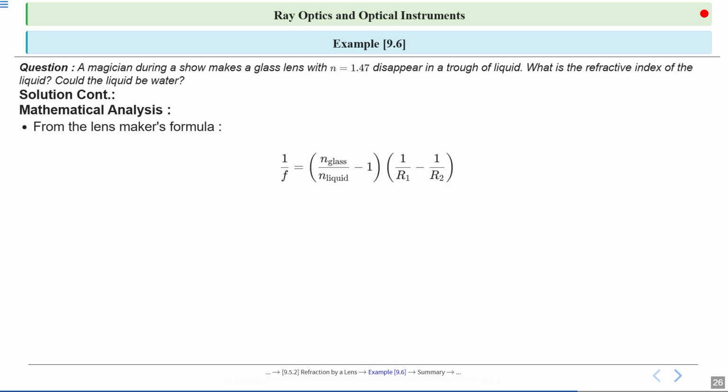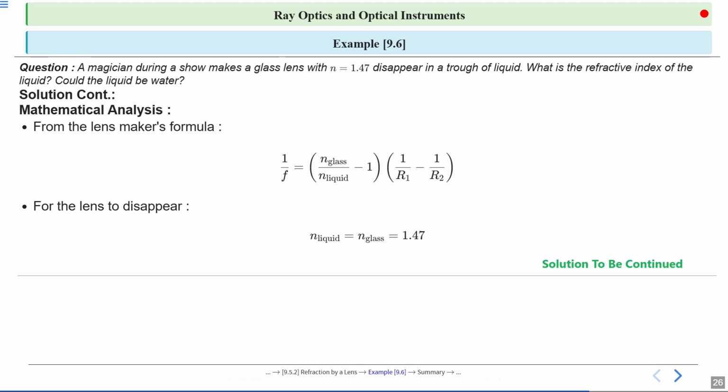That means the ratio n glass upon n liquid will be 1. So for the lens to disappear, refractive index of liquid equal to refractive index of glass, which is equal to 1.47. That means the ratio will be equal to 1. So 1 minus 1 will be equal to 0. So on the right hand side, the whole term becomes 0.